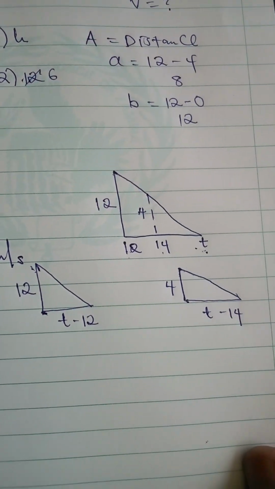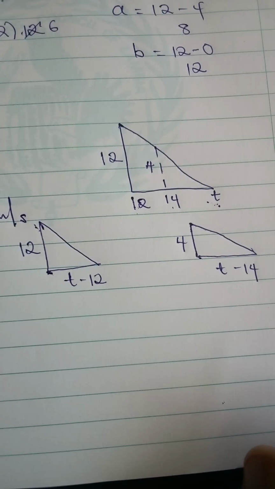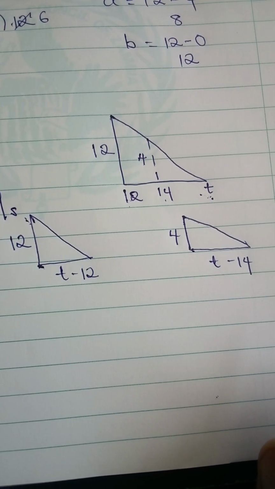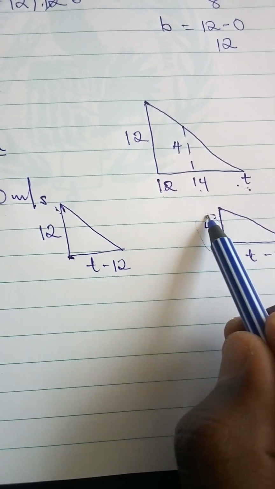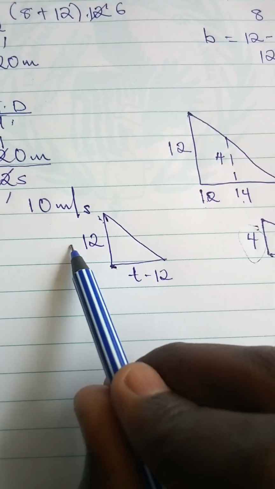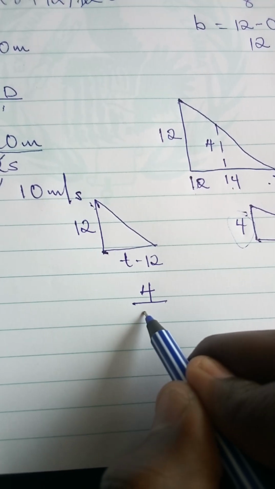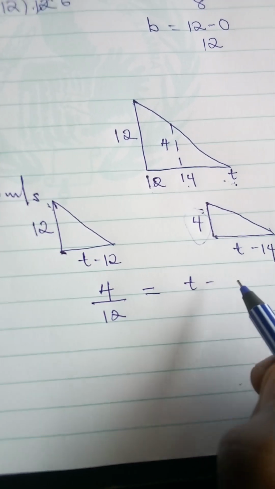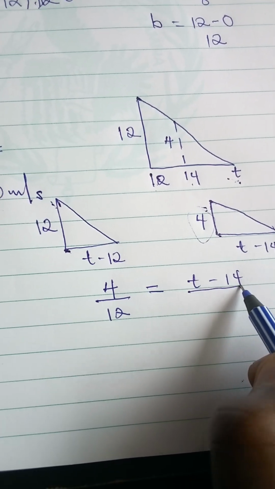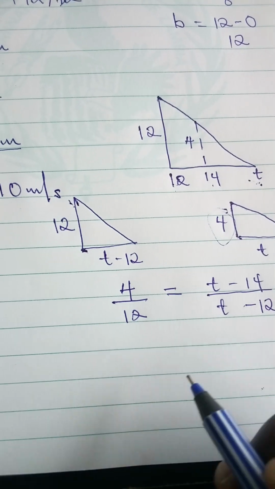So now what you are going to do is compare. When comparing, you always start with the small triangle. So that is 4 should be compared with 12 there. So 4 over 12 is equal to t minus 14 over t minus 12 there.